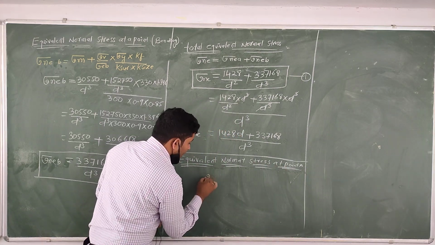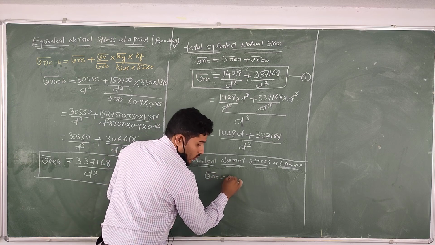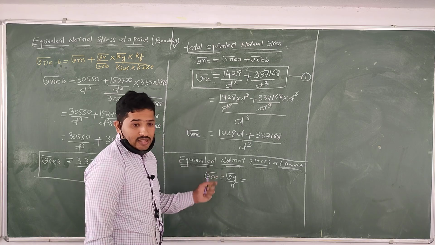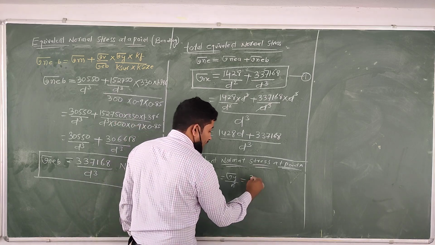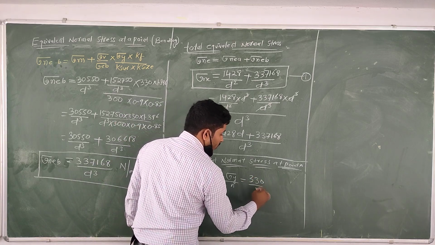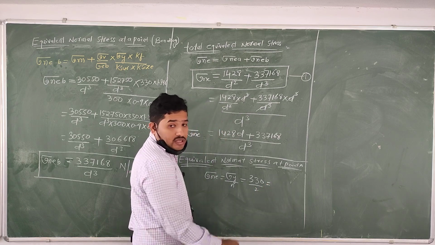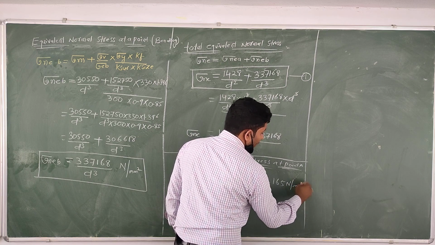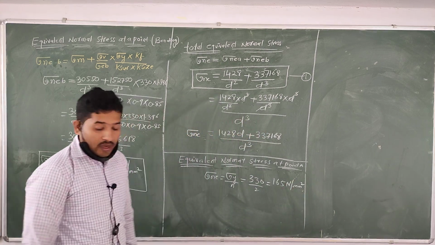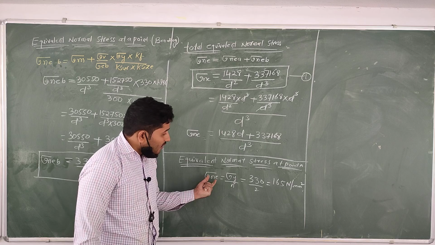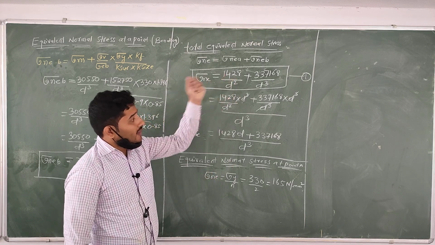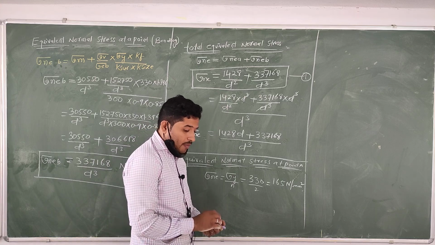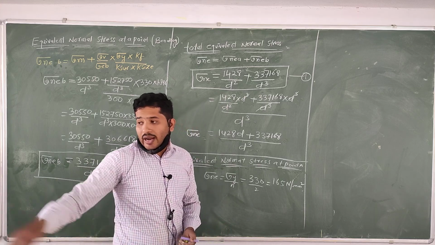Sigma NE equal to sigma Y by N. Sigma Y, the yield stress, how much is given, you know very well, 330 by 2. If you divide, then you will get 165 Newton per mm square. So this sigma NE value we can substitute in equation number 1.